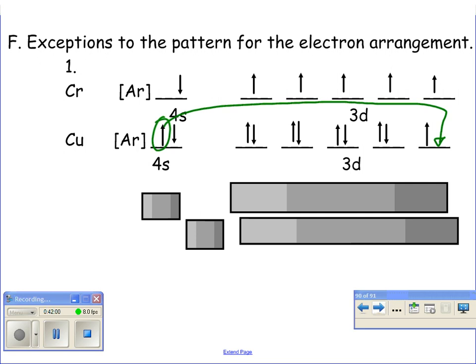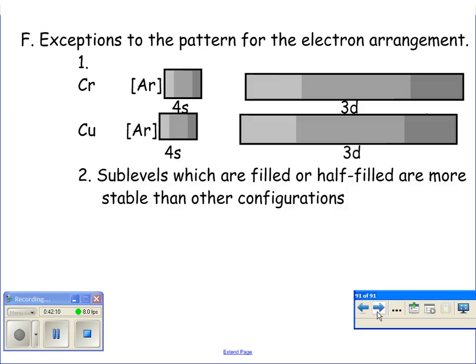So then this little bitty sublevel that can only hold 2 is half filled, and the one that can hold a total of 10 is completely filled. So sublevels which are filled or half filled are more stable than the other configurations, and that's what causes them to move.